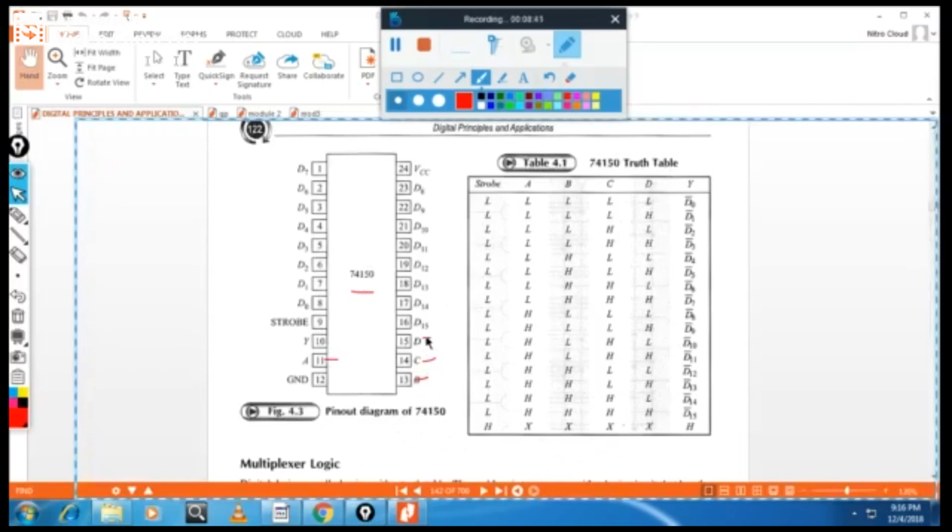In the exam, when you want to draw this, you need not remember the pin numbers. So you draw the IC like this.